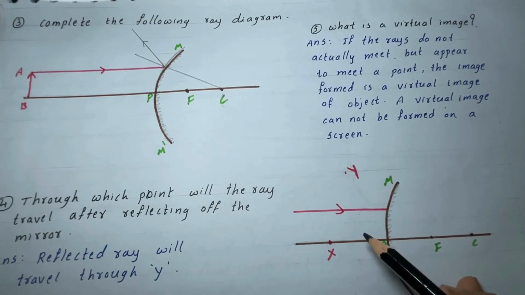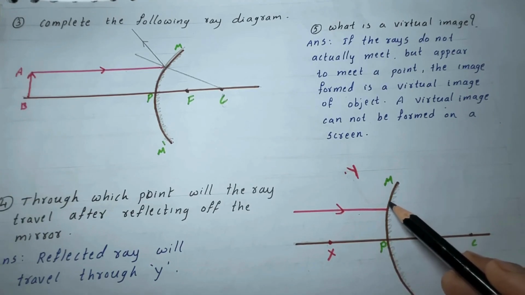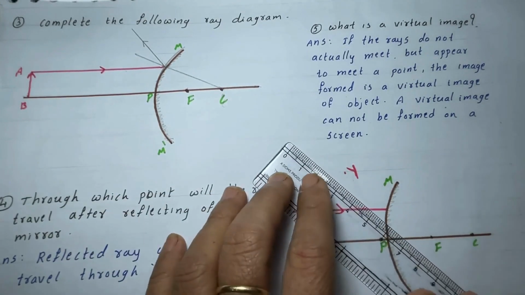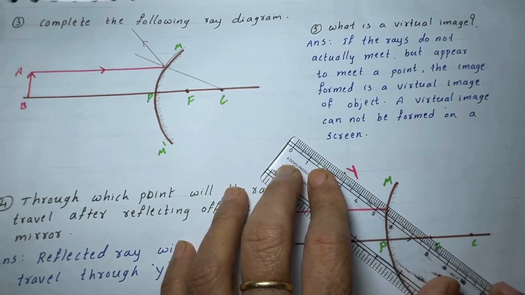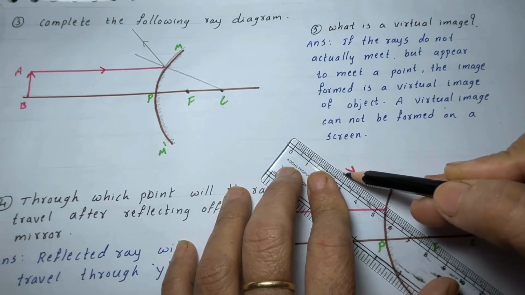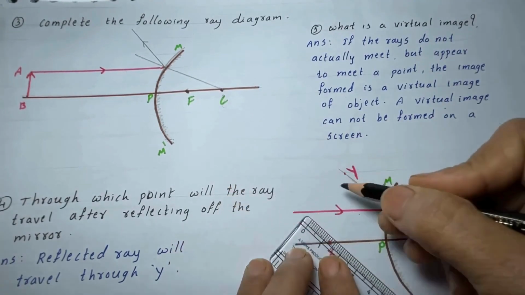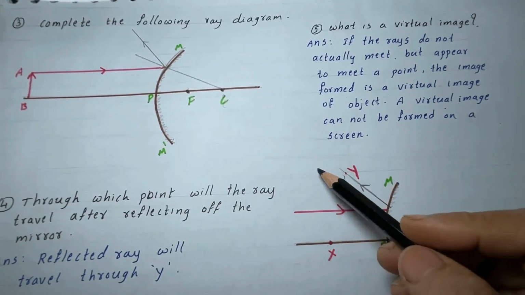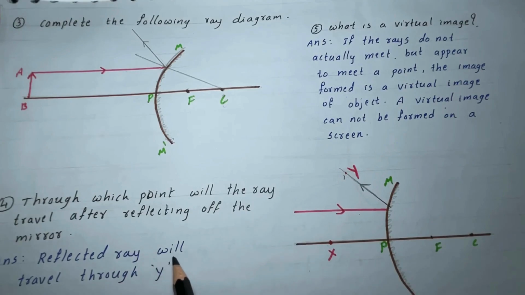When the incident ray is parallel to the principal axis of a convex mirror, then the reflected ray directs away from the normal, in the direction of the focus. So this is the direction of the reflected ray. So our answer is, the reflected ray will travel through F.